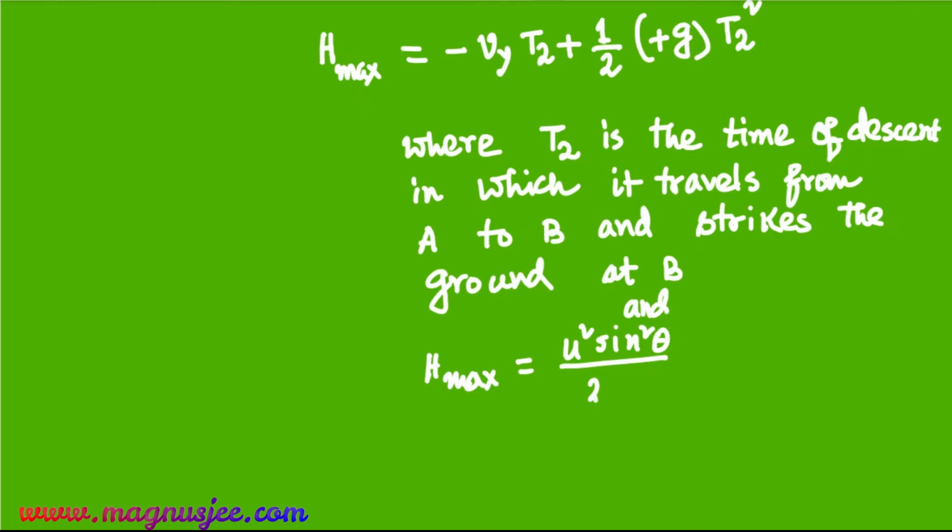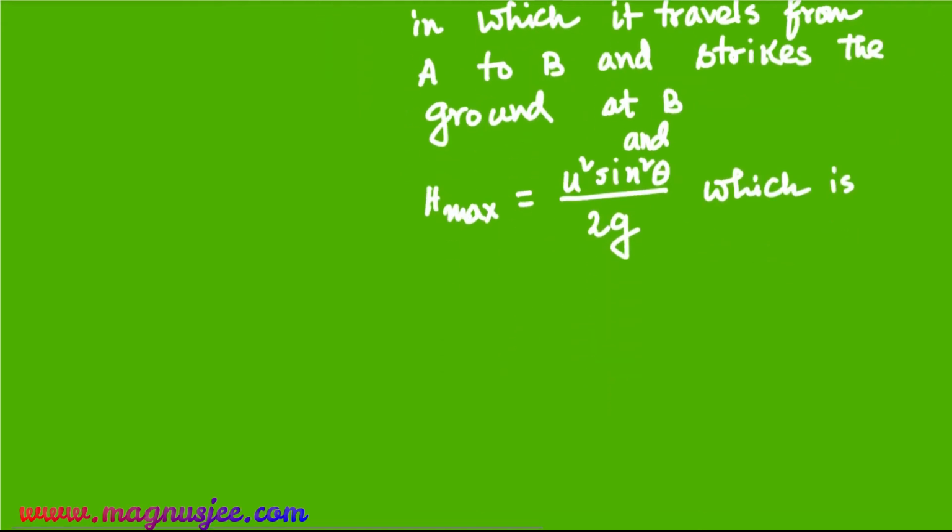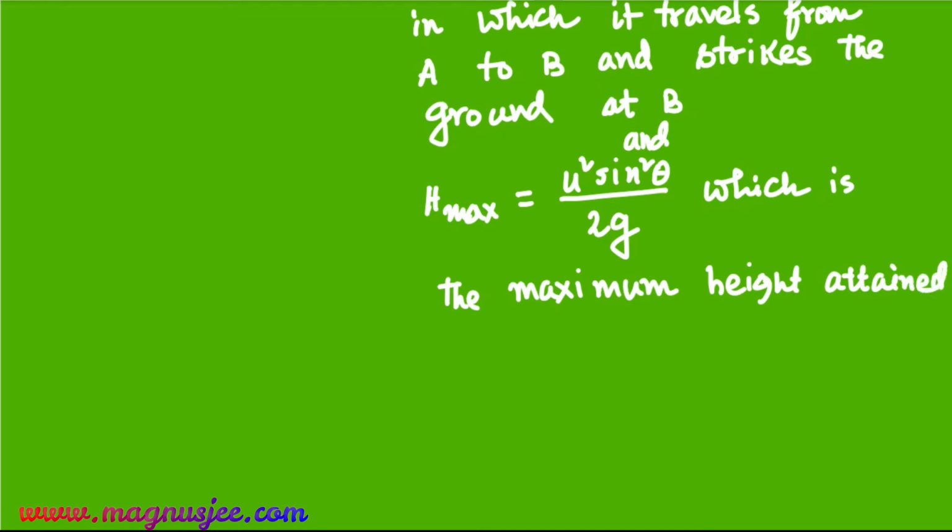And here h max is the maximum height attained by the projectile, which has the expression u square sine square theta divided by 2g, which is the maximum height attained by the projectile at the highest point A.